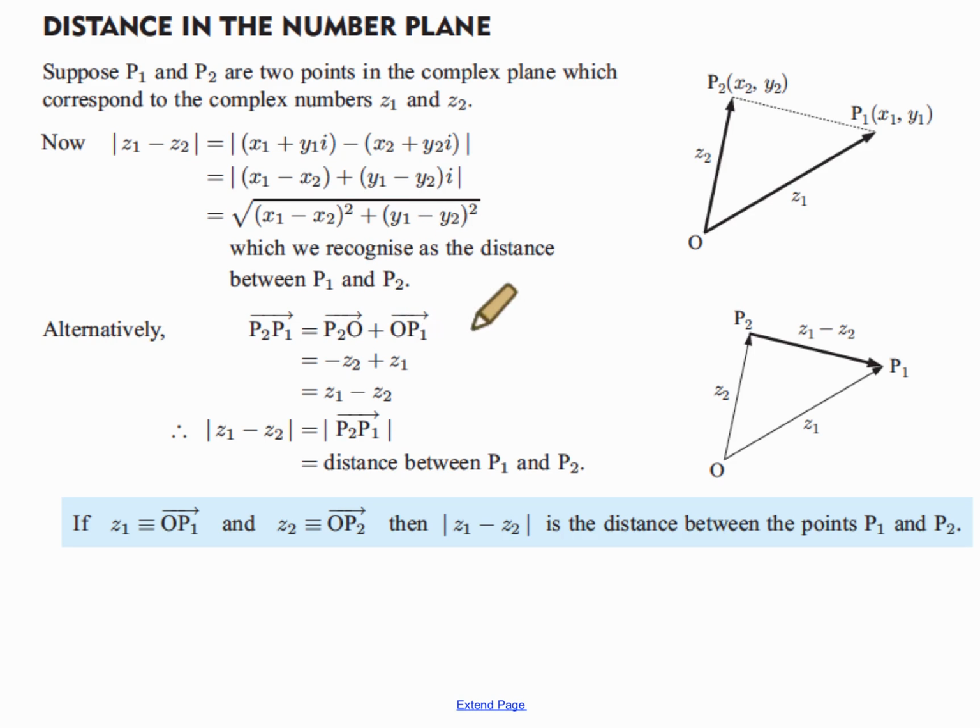I'm not going to bore you because you can pause and read through it, which leads to this. If z1 is equal to OP1, O being the origin, and z2 equals OP2, then the modulus of z1 minus z2 is the distance between the two points. That is a nice, handy little formula to have.